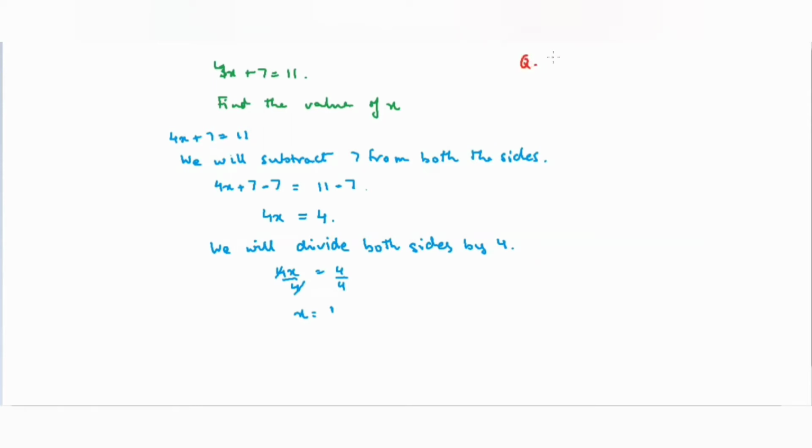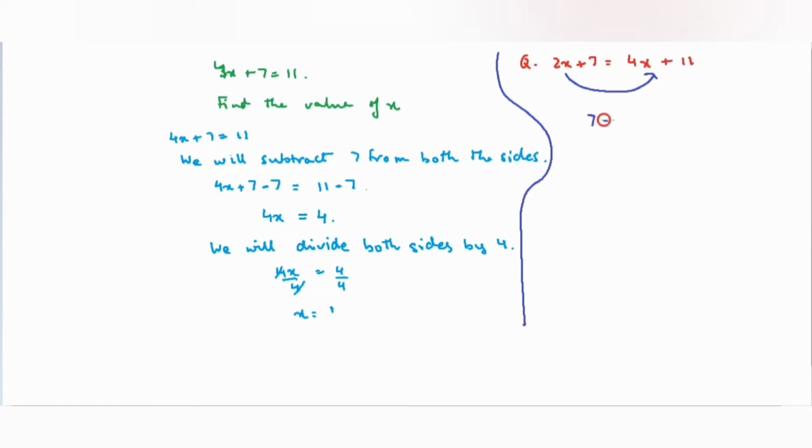Another question can be 2x plus 7 equal to 4x plus 11. So what we can use here is transposition. We can take 2x to this side.